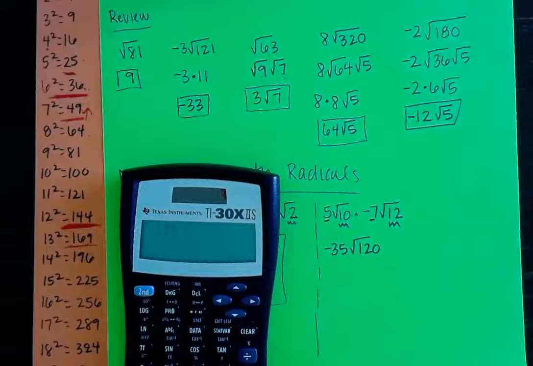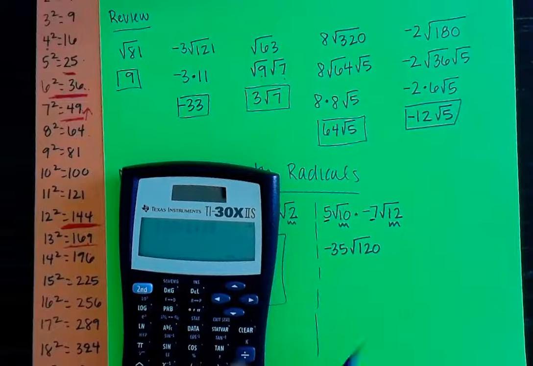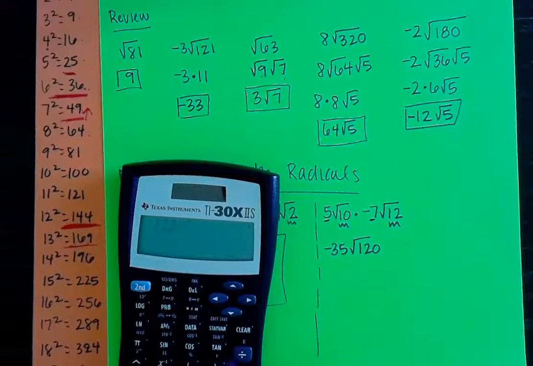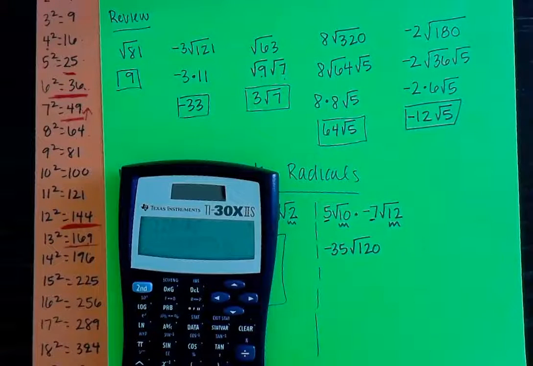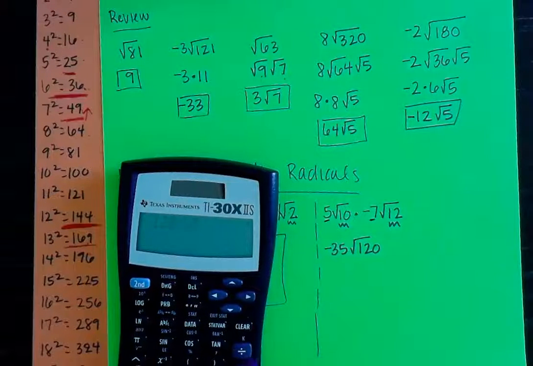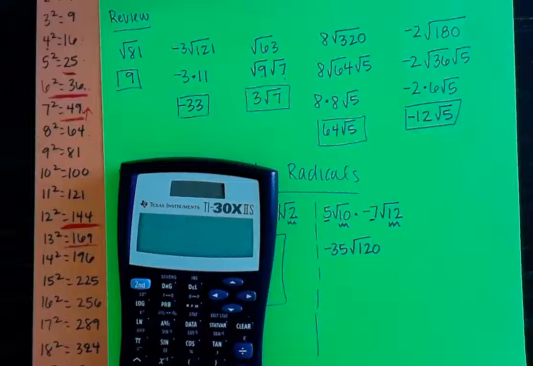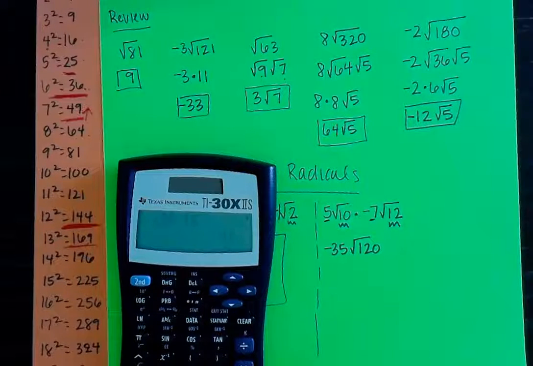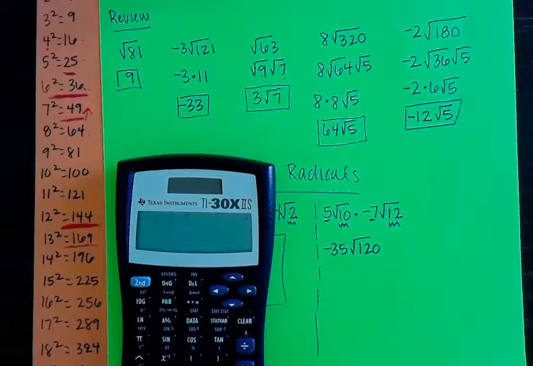Nothing. 120 divided by 64. Nope. 120 divided by 49. It's another no. Divided by 36. Nope. 120 divided by 25. Negative. 16. Nope. Geez, maybe we might be done. There might not be one. Nope. 9 didn't work either.